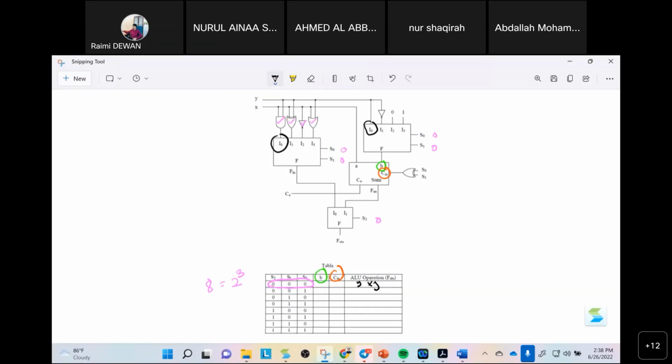And then this one will be, okay, this one is X. This one is Y. Okay. C not. This one is if we have carry, which we don't know. Okay. We don't know whether we have a carry or not.